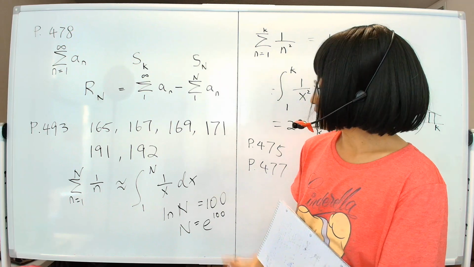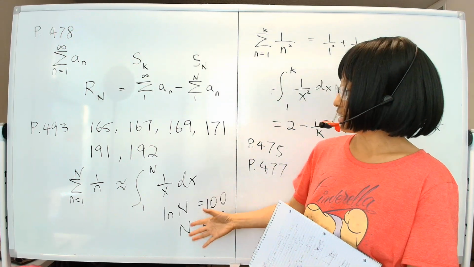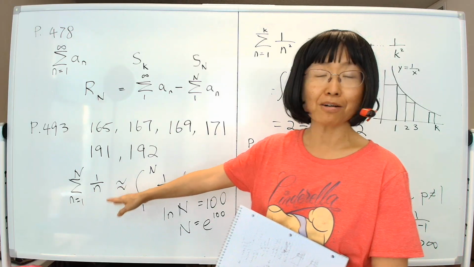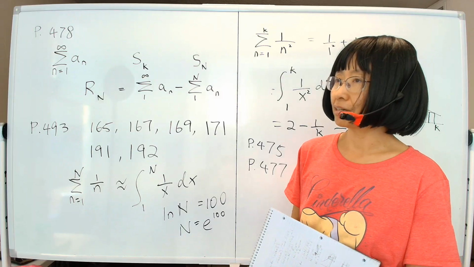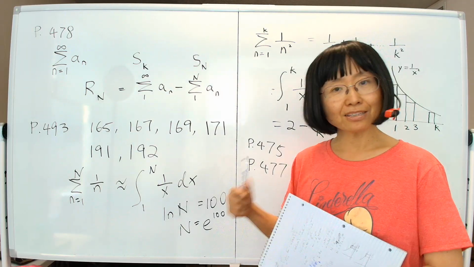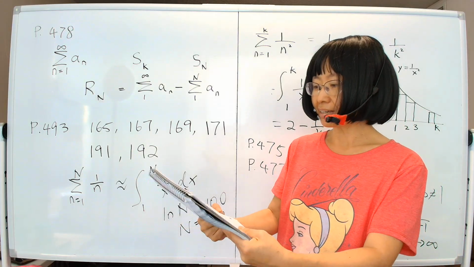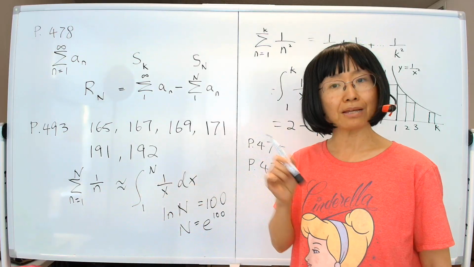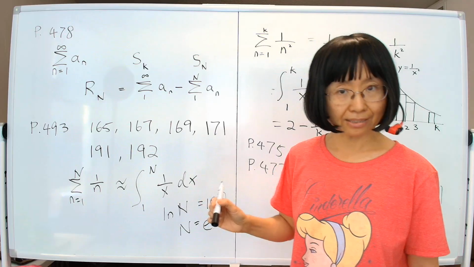Now, the reason I assign you to do this homework is it has an interesting feature to look at, that it will take e to the power 100 for the harmonic series to make it to 100. And you're thinking, well, so what? But that matters more than you think. Now, the book says that they have a calculator, right? I mean, they're using the computer to do the addition, and the computer is able to do 1 million additions per second, okay?